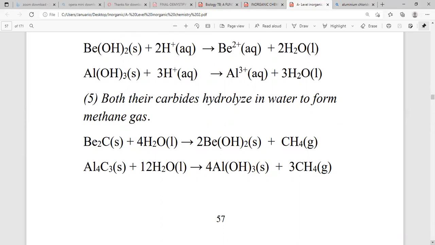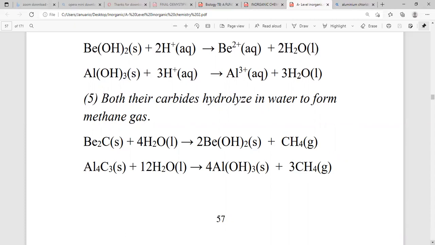Beryllium carbide reacts with water to form beryllium hydroxide plus methane gas. The carbide of aluminium reacts with water to give us aluminium hydroxide plus methane gas.